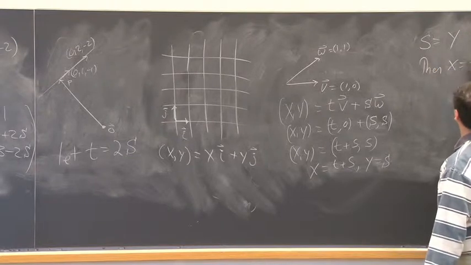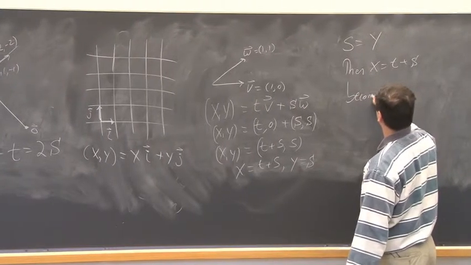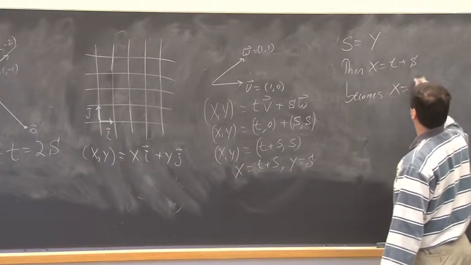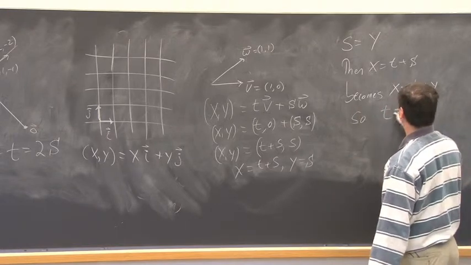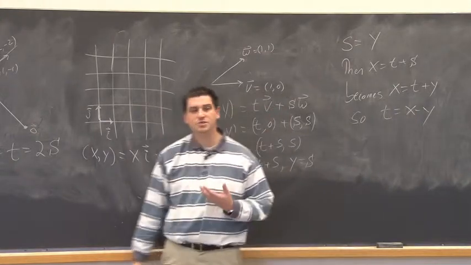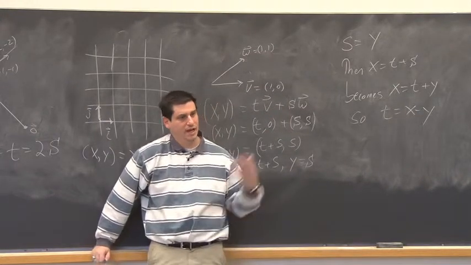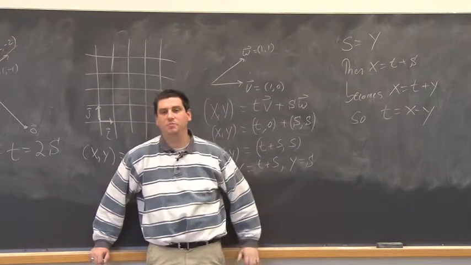Then x equals t plus s becomes x equals t plus y. So t is x minus y. So I can express any vector (x, y) as some number of multiples of v plus some number of multiples of w.